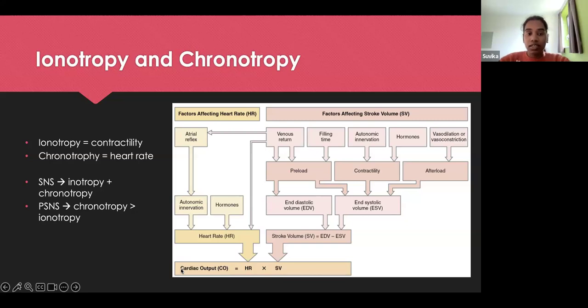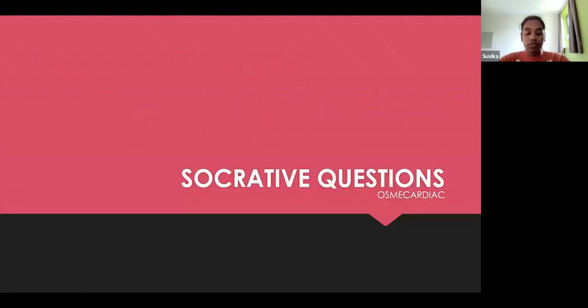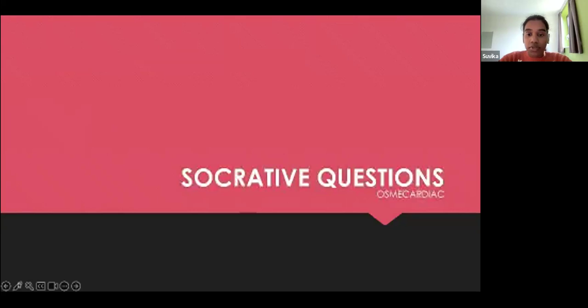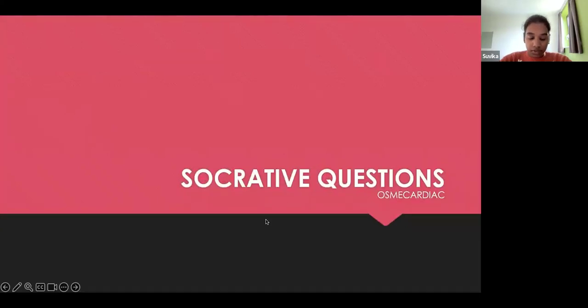Okay, so let's do some Socrative questions. I will have to skip through, just bear with me there. You should be able to see the first question there, where you've got a graph and it's asking you to identify the section where you've got isovolumetric relaxation. Let's have a go at that question. If you can't see the question, just let me know. It might be bugging on that end.